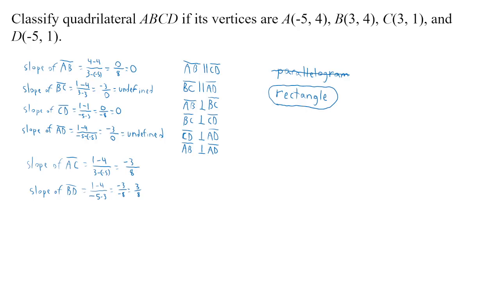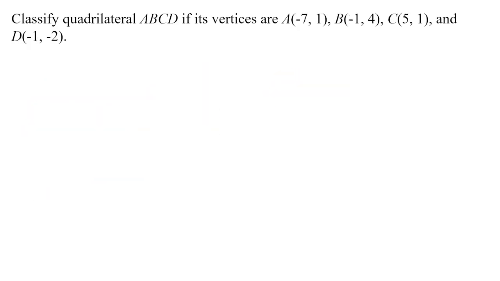So now, let's look at the next example. Let's say you are to classify quadrilateral ABCD if its vertices are (-7, 1), (-1, 4), (5, 1), and (-1, 2). So let's go ahead and find the slopes of the sides.